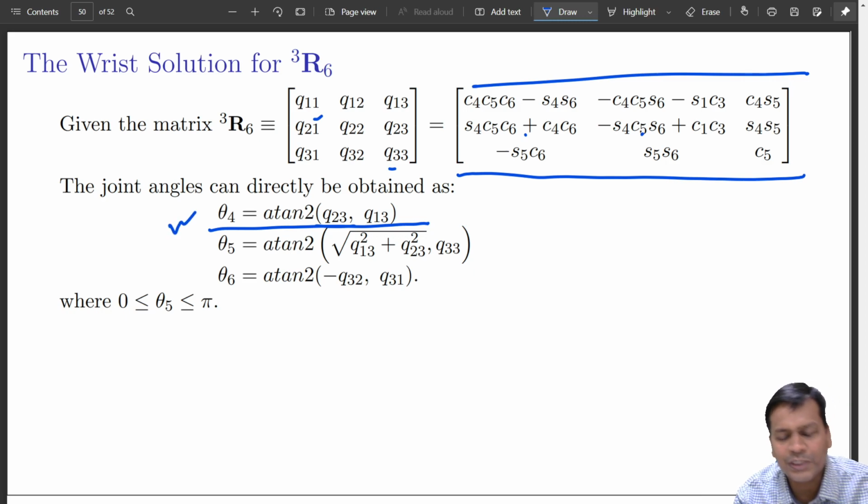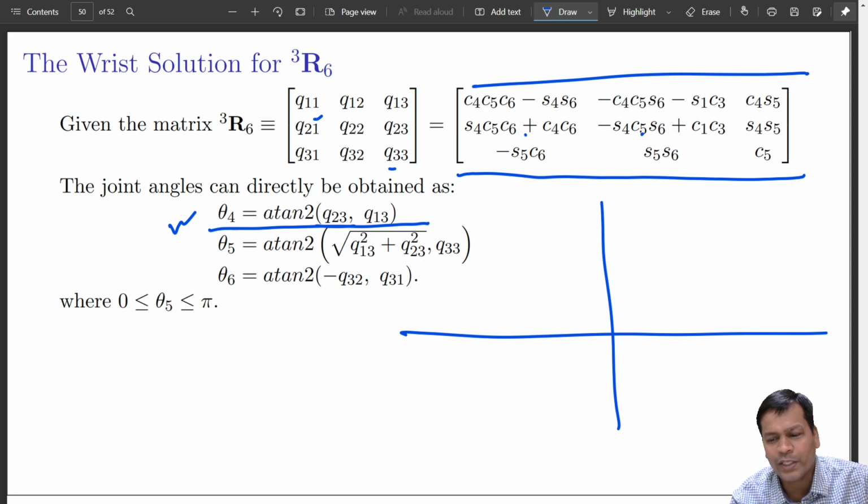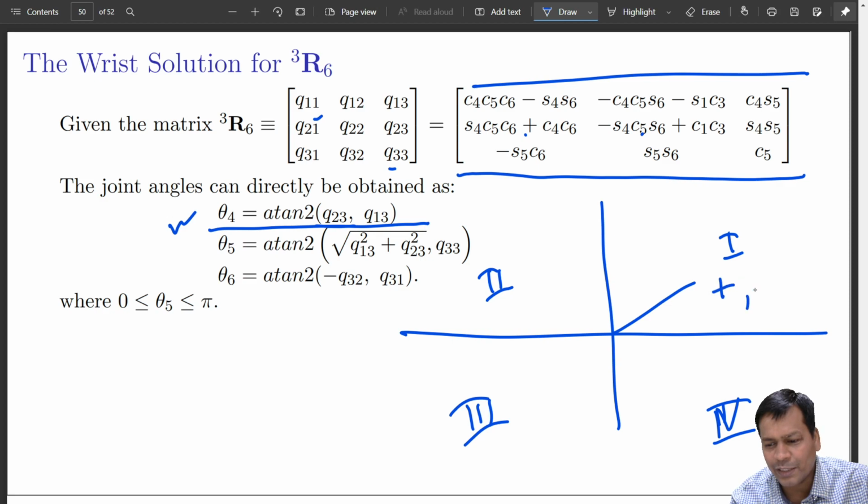atan2 is a special solution which eliminates the quadrant ambiguity and gives you all four quadrant solutions. If you remember, this is quadrant 1, this is quadrant 2, this is quadrant 3, this is quadrant 4. If you get plus in x and plus in y, you should get the solution here. Minus in x, minus in y should give you somewhere over here.